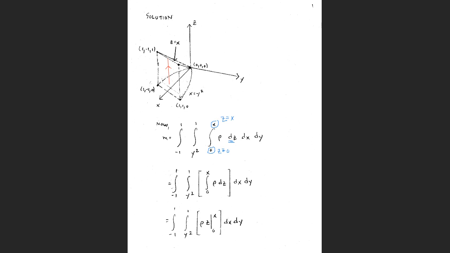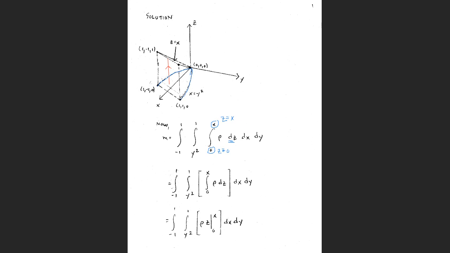All right. Well, for region D, if we were to collapse this solid into the xy plane, it would trace out this parabola given by x equals y squared.